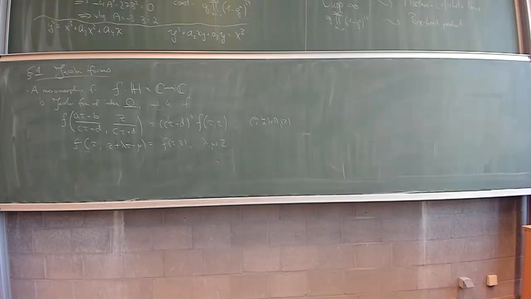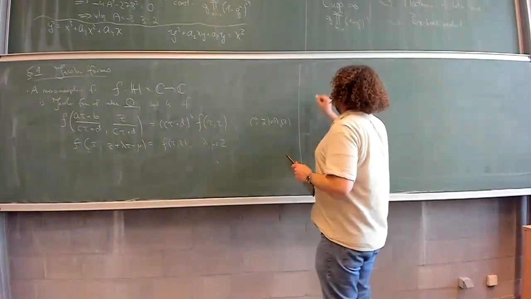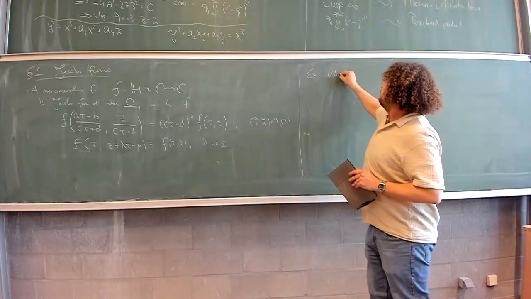So the most familiar example, which we'll also have to use, is the Weierstrass elliptic function.